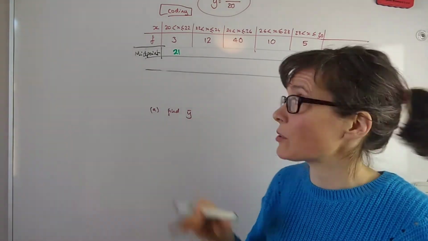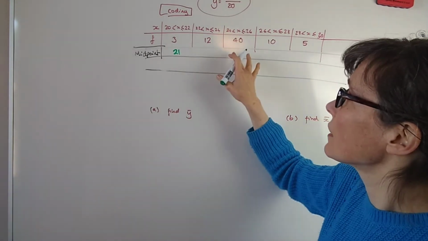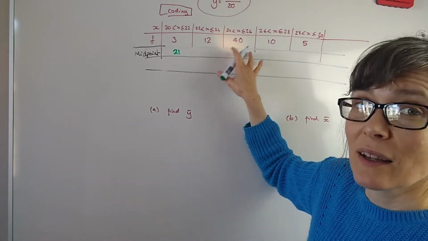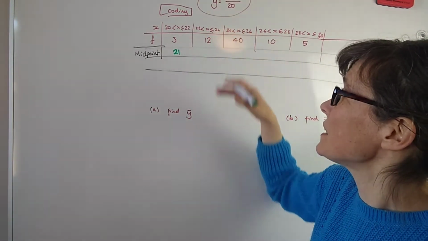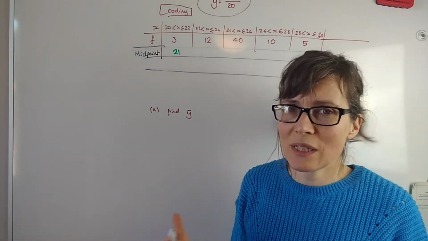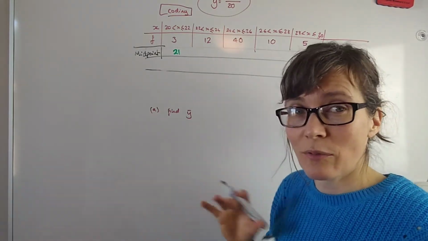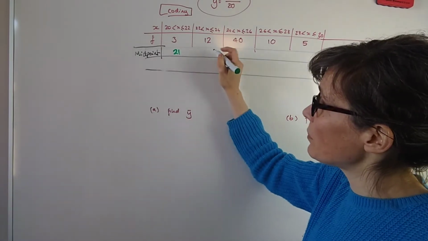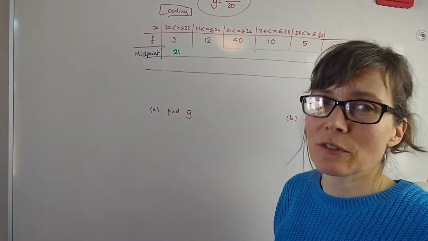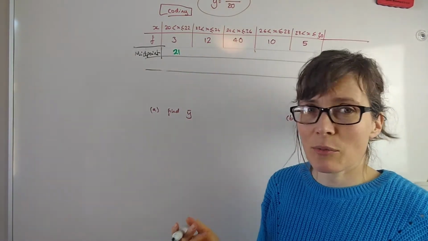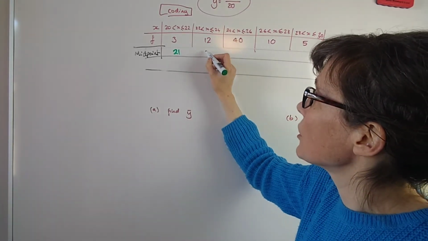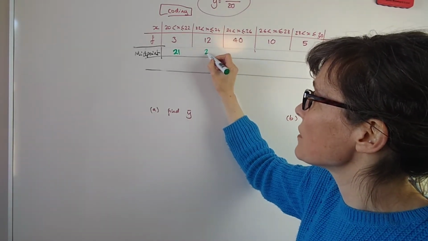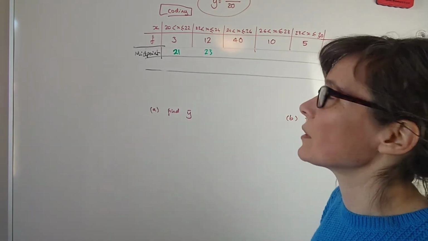We've lost that information when we took these figures. So we've got 40 bulbs in there, but were they near 25, were they near 24, 26? We don't know what the spread is, so we've lost some information. But what we're going to assume is that the average of those 3 is 21. We're going to assume the average, or the mean, of those ones was 23, halfway between the limits.